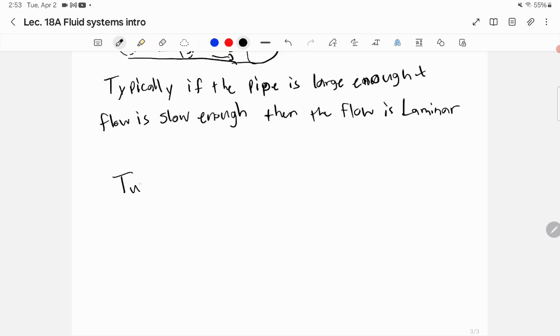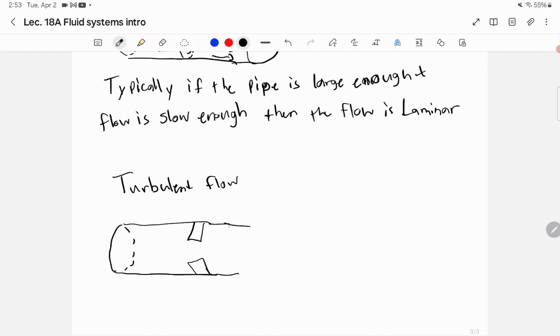For turbulent flow, however, it doesn't look like this. So let's have our nice pipe again. But this time I'm going to have some obstructions. Okay, so what the flow looks like here is, notice that when it comes up here, the only way it can go is by curving.